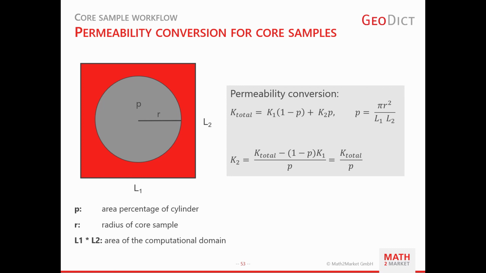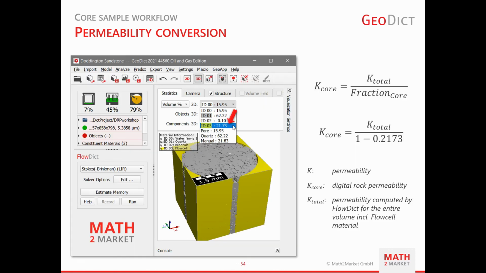Since the flow cell material permeability is 0, you must divide the computed permeability by the core volume fraction to receive the permeability for the core. And this is as easy as shown here. Just look up the volume fraction of the flow cell material from the Statistics tab, calculate the core volume fraction as shown, and finally determine the core permeability.